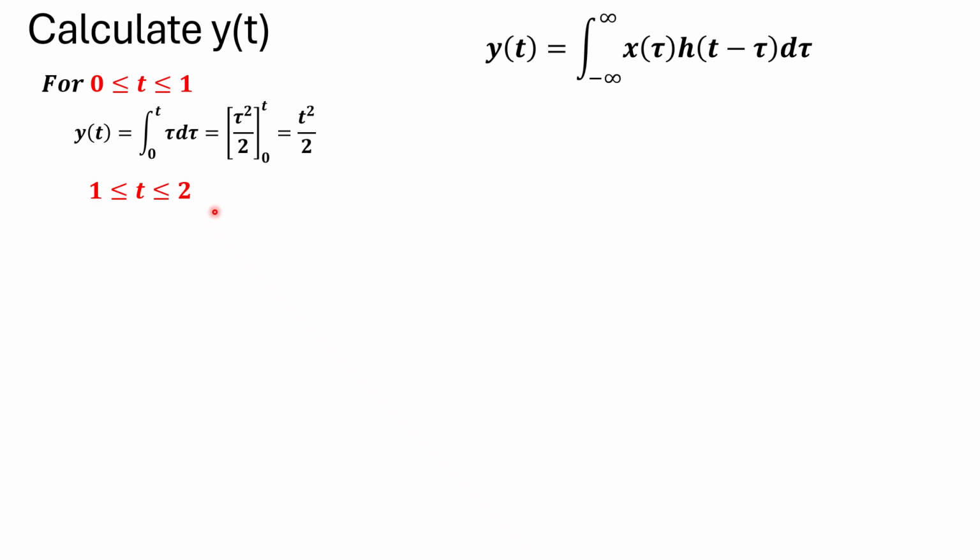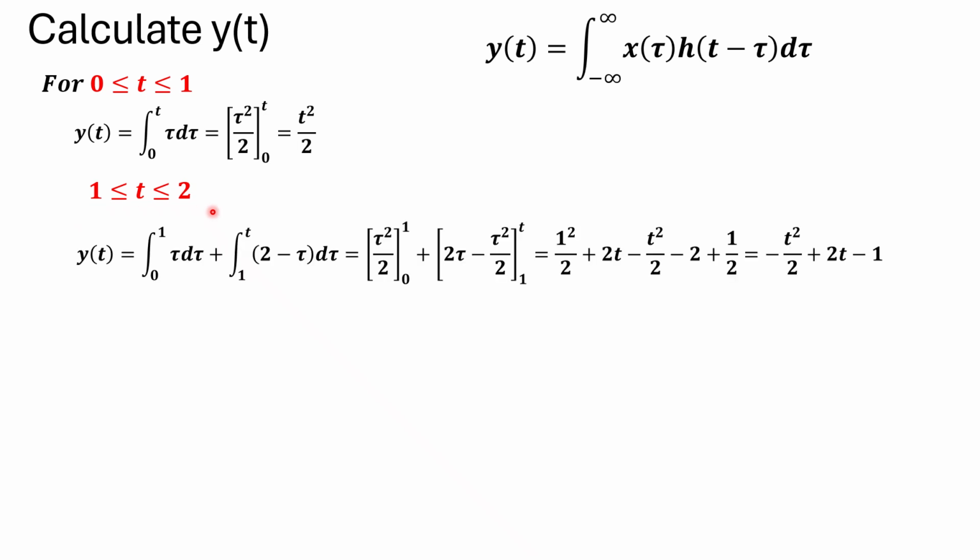And for 1 to 2, y of t is equal to the integral from 0 to 1 of tau d tau plus the integral from 1 to t of 2 minus tau d tau. When we integrate this and substitute the limits, we get minus t square by 2 plus 2t minus 1.